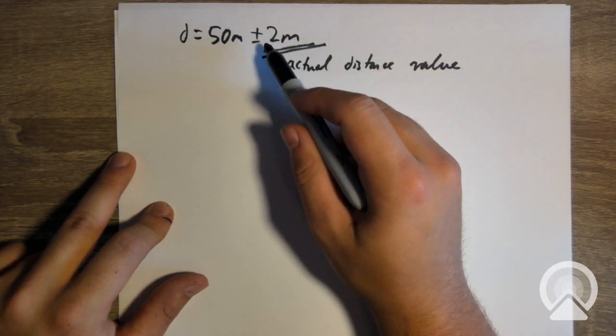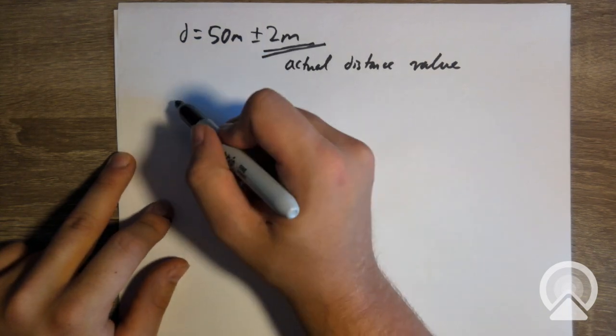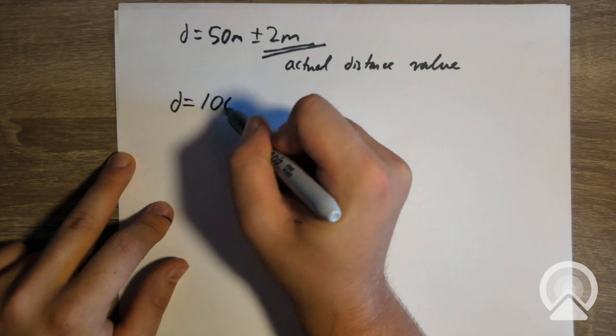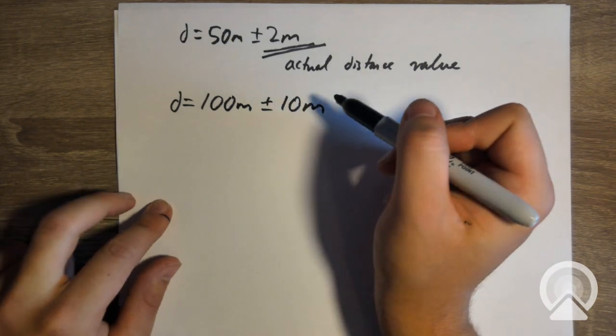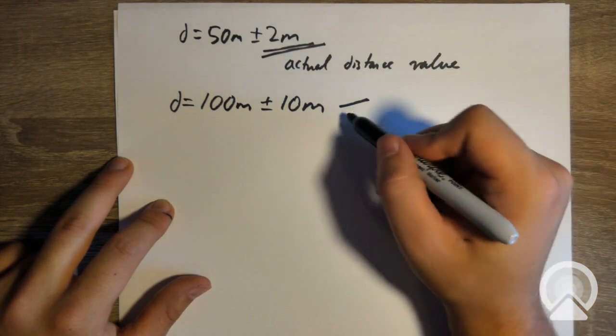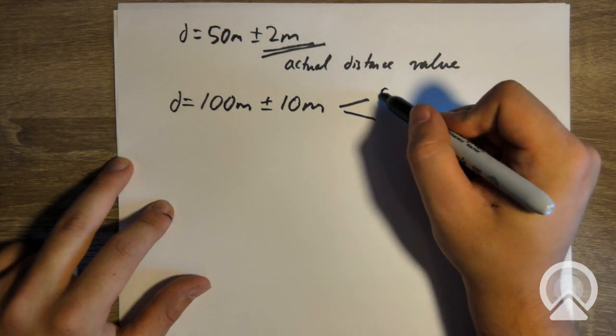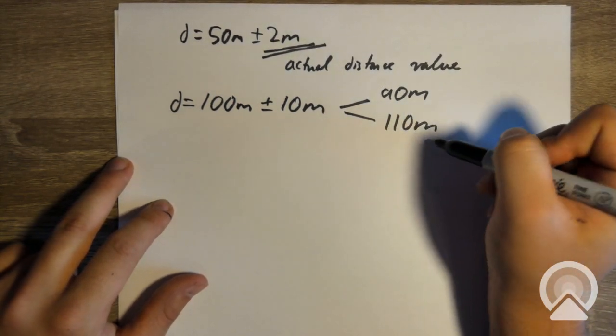But you could also express this in terms of a percentage. So let's say someone runs 100 meters and we're uncertain within plus or minus 10 meters. So that's saying again, this person could have run 90 meters or 110 meters or anywhere in between.